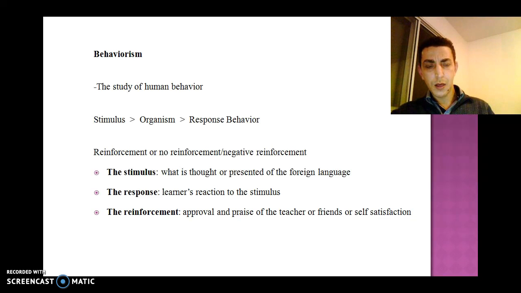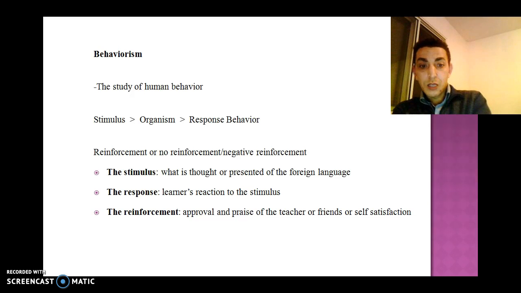And the linguists relied on this theory of learning, so that they consider the learner as someone who should listen and repeat, and the teacher should reinforce that repetition, what is called positive reinforcement.